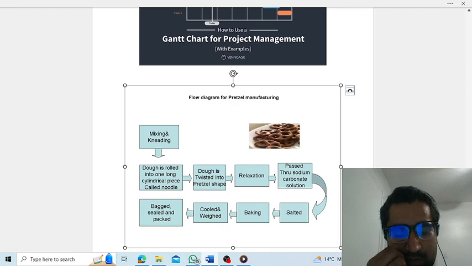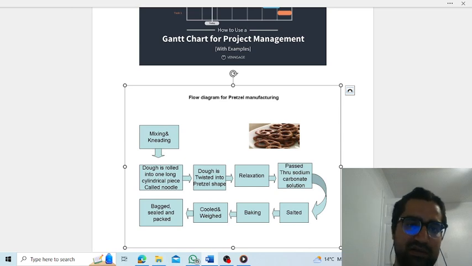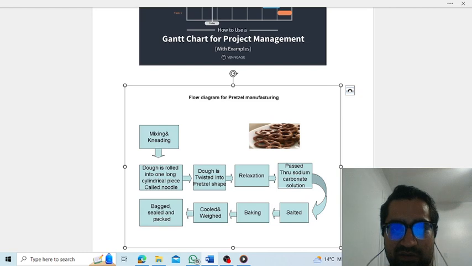So I hope you guys understand this process and the Gantt chart, and the criticality of every step in project management, because manufacturing is also a kind of project. They need to manufacture a particular number of products in a particular period, right?